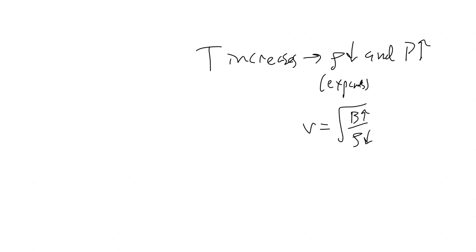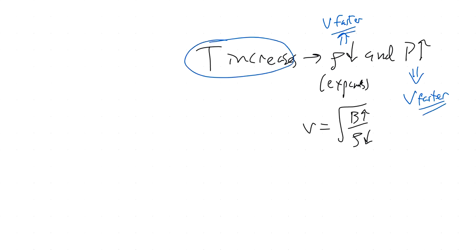Both of these individually make V faster. So this is why temperature increasing makes it go faster. There's more pressure and it's less dense. So both of those correspond to an increase in velocity.